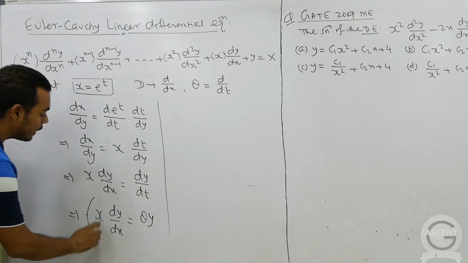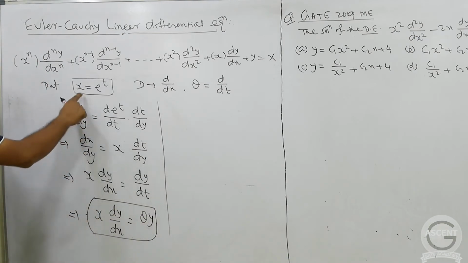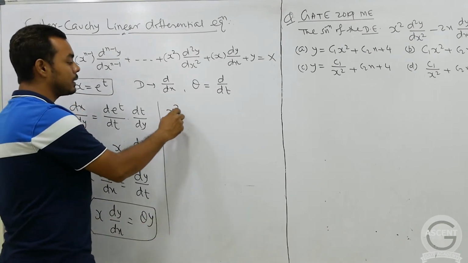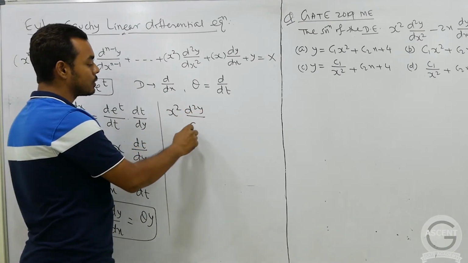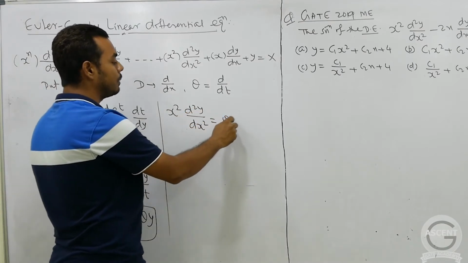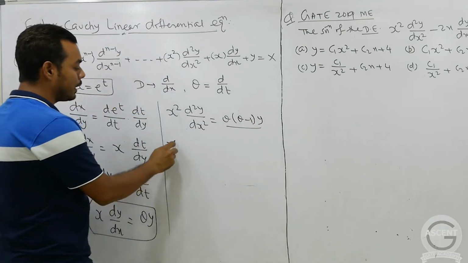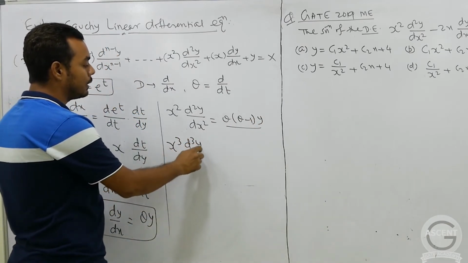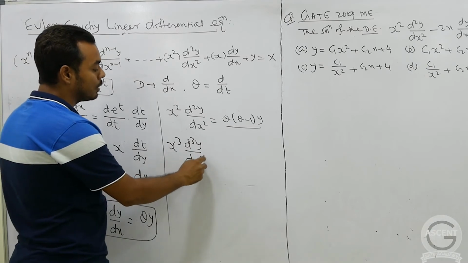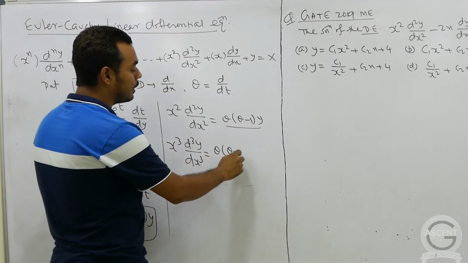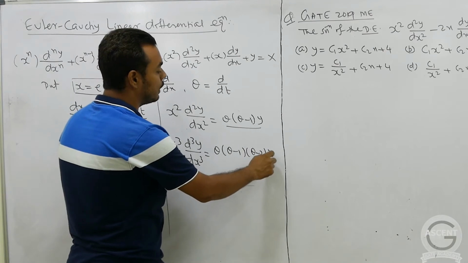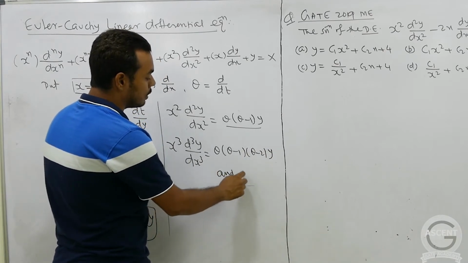Now in a similar manner you can show that once you have done this substitution, x square d2y by dx square will become theta into theta minus 1 y. x cube d3y by dx cube will become theta, theta minus 1, theta minus 2 y, and so on.